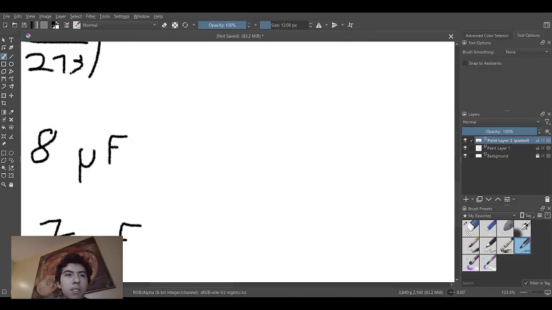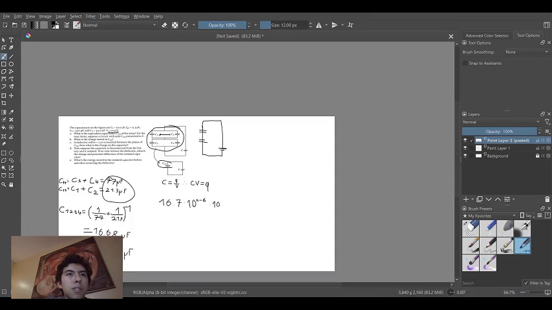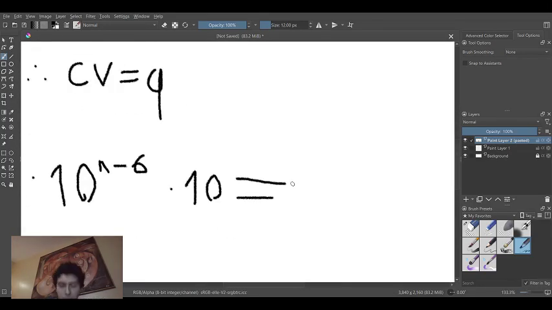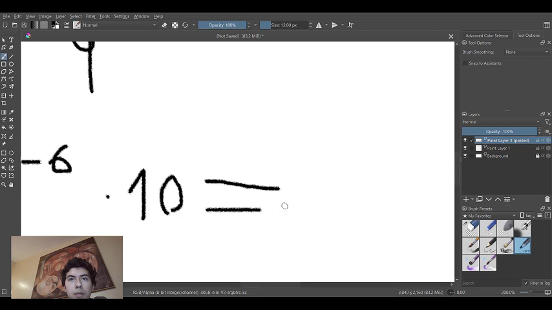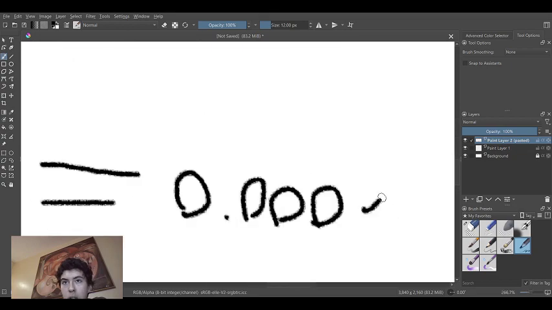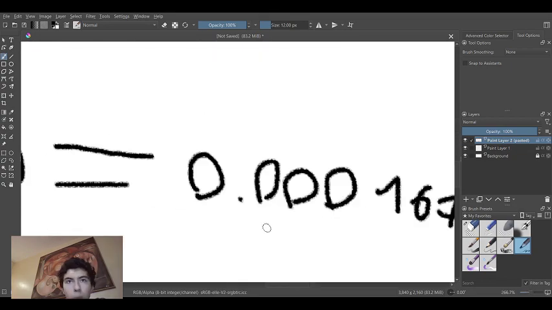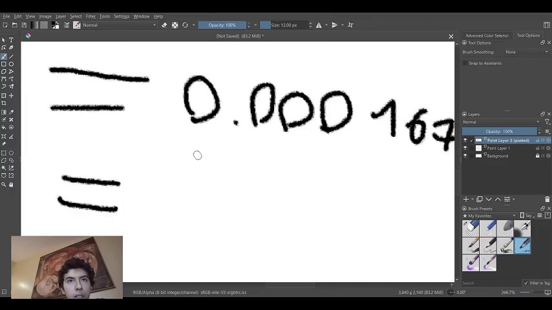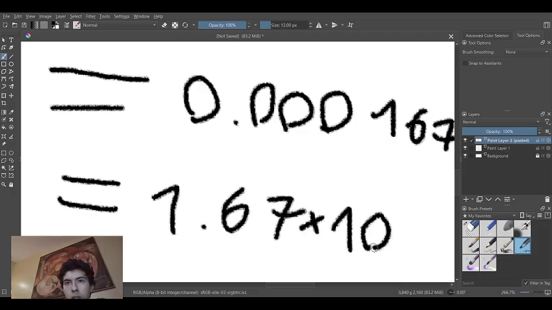There we go, because here it's microcoulombs, and we have to account for that, which is going to be equal to 0.000167, or alternatively 1.67 times 10 to the minus 4. There we go.